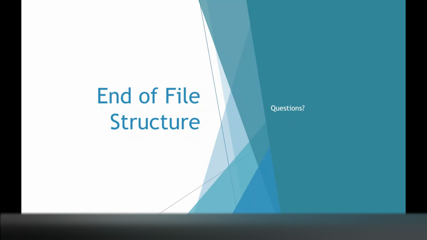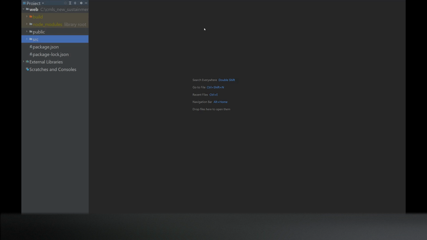So just as a quick demo, we can take a quick peek at exactly this setup. As I mentioned earlier, whenever you're creating a new React project, you have the public, the source, and the package.